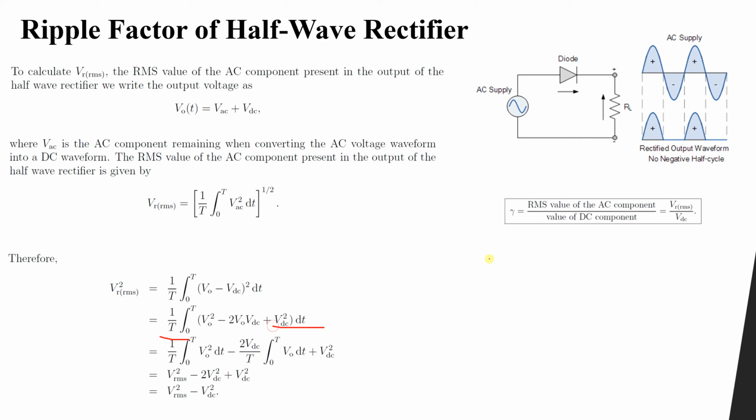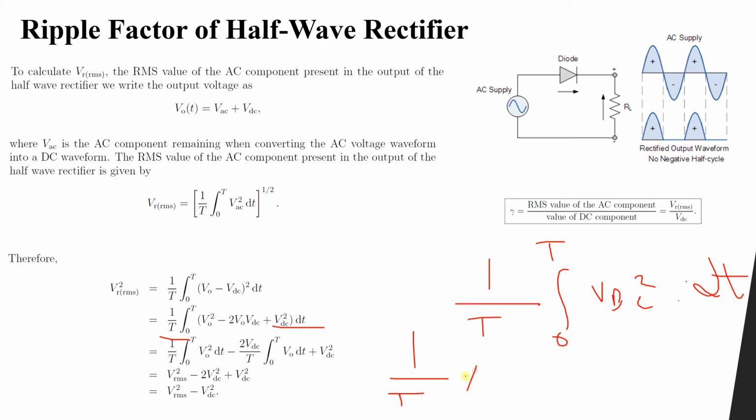For this part, it will be 1 over T, integration from 0 to T of VDC square dt. Integration from 0 to T gives us 1 over T multiplied by VDC square, since VDC, the average, is a constant value, multiplied by T. So T will cancel with T, and we have VDC square plus VDC square.